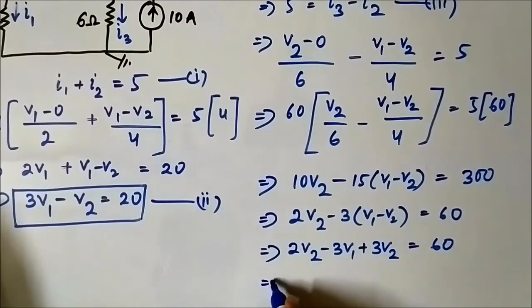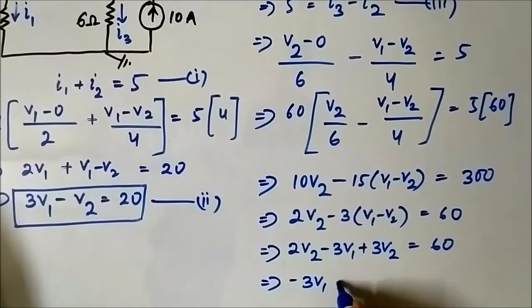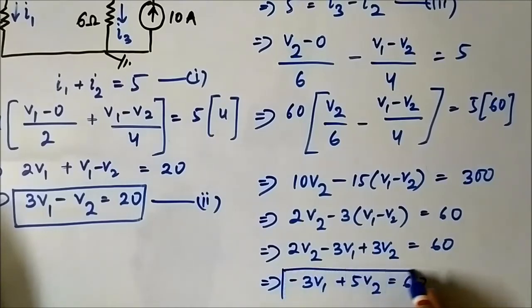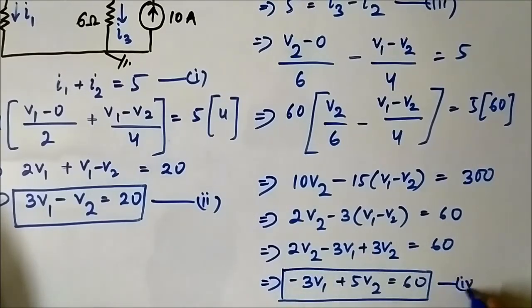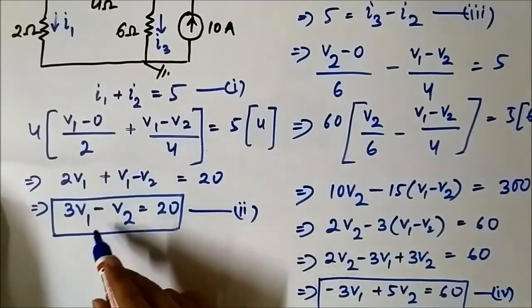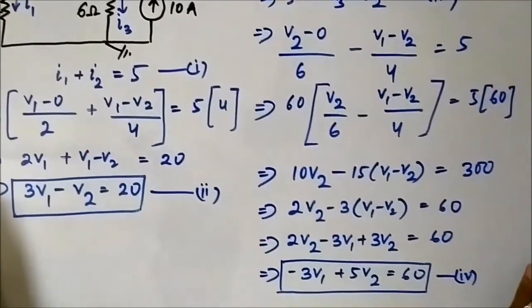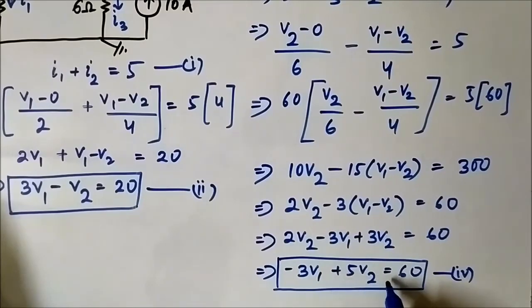That implies minus 3V1 plus 5V2 is equal to 60. Okay, so this is the second nodal equation that we got. So these are the two nodal equations: 3V1 minus V2 is equal to 20, minus 3V1 plus 5V2 is equal to 60.